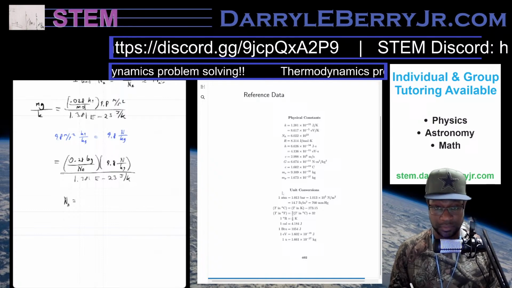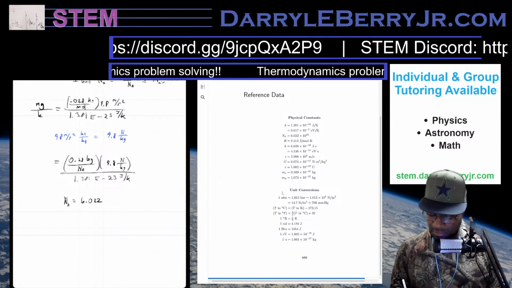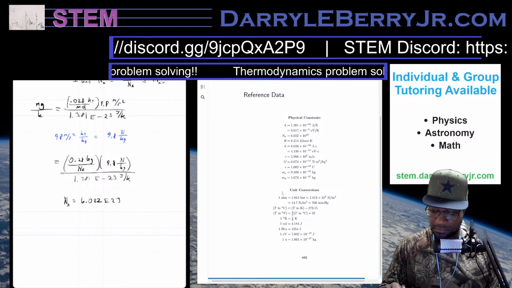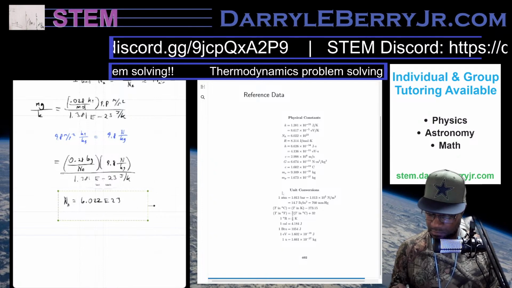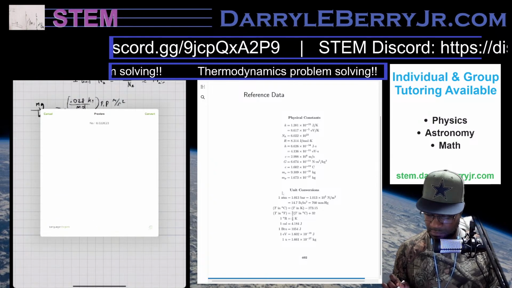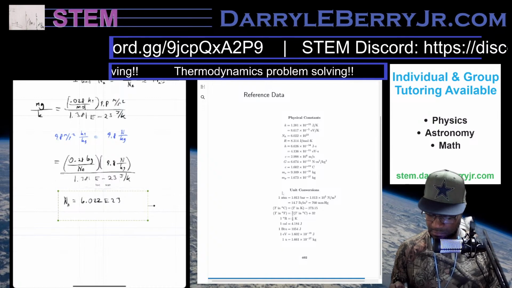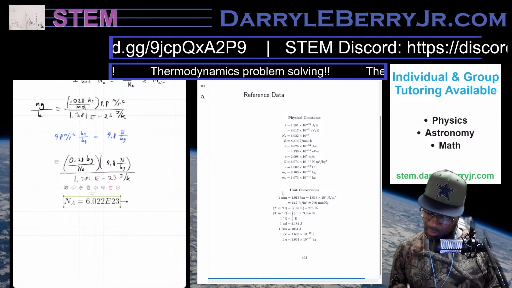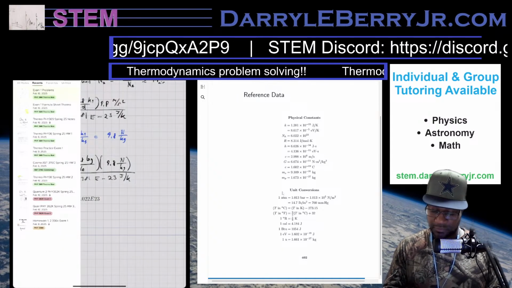N_A equals 6.022 times 10 to the 23. Add this to the formula sheet.